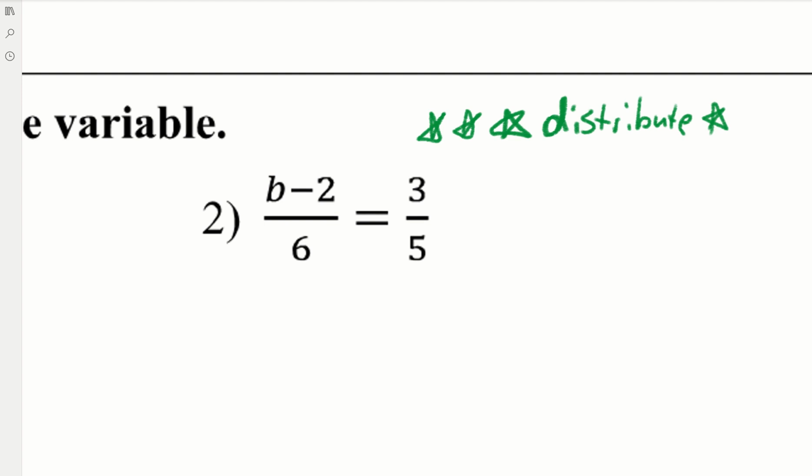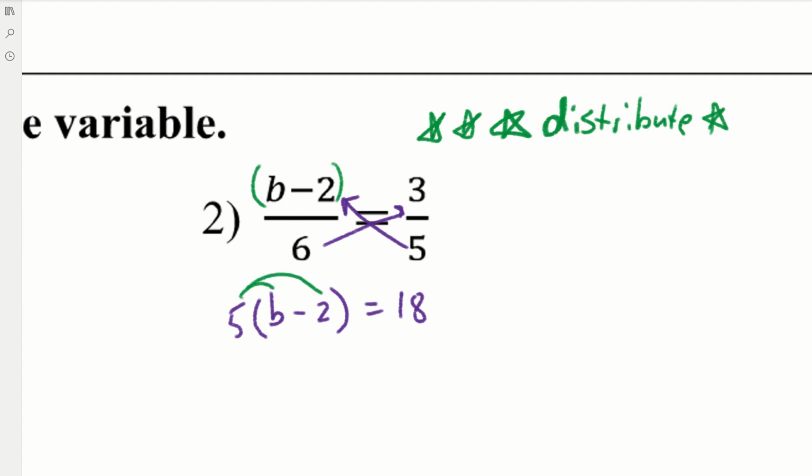It's a super common mistake to forget that, but the reality is we're going to multiply 5 times all of that. So this is going to result in 5 times b minus 2 is equal to 6 times 3 is 18, okay? In this situation, we are going to distribute.